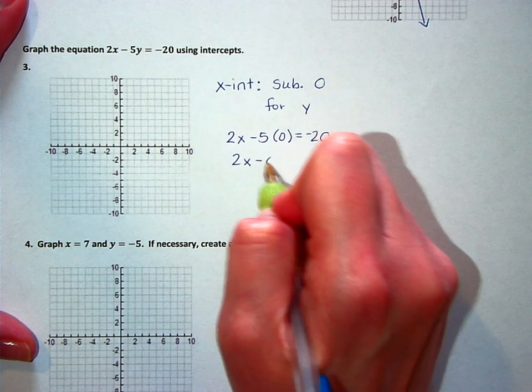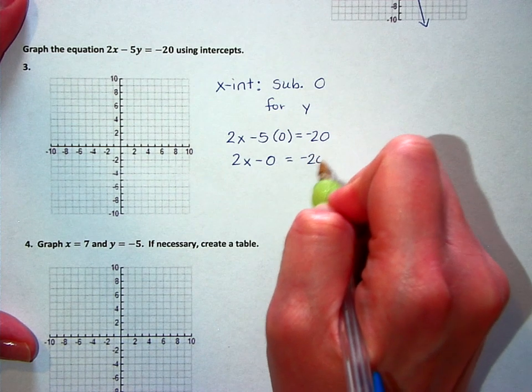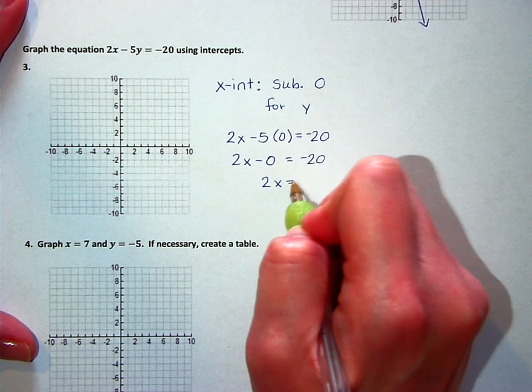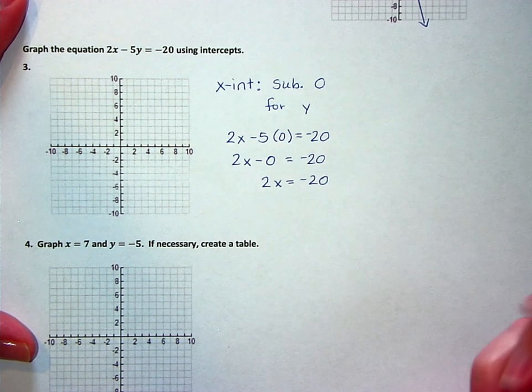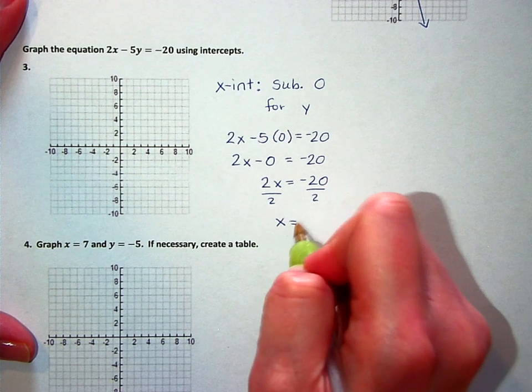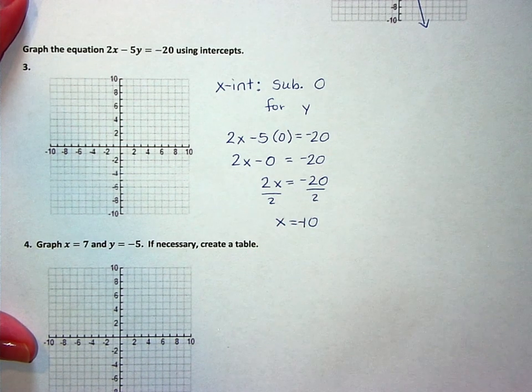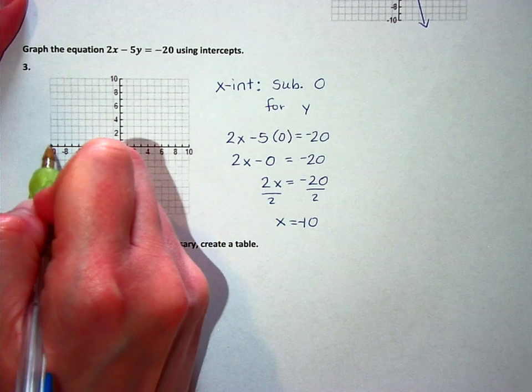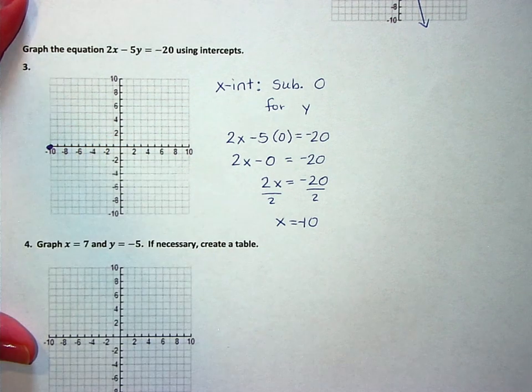So we have 2x minus 0 equals negative 20. 2x equals negative 20. Basically, divide by 2, we get x equals negative 10. So on the x-axis, we'll put our point at negative 10.